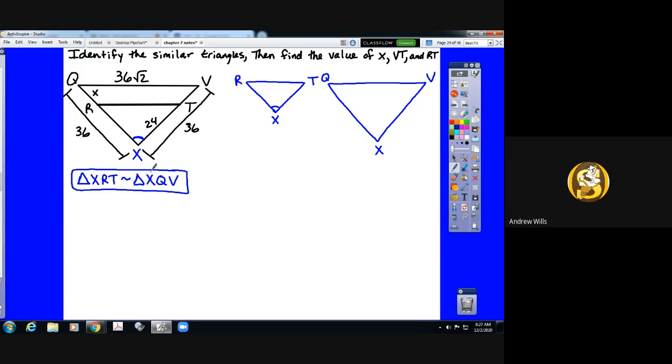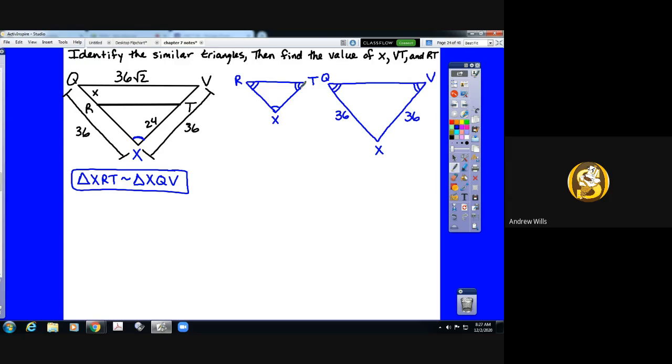Now, from there, we need to label our pictures with what we know. Well, here's what we know for sure. Because QX and XV are the same length, they're both 36, that means that all four of these angles would have to be the same because these are similar triangles, which means they have the same angle measures between the two of them.